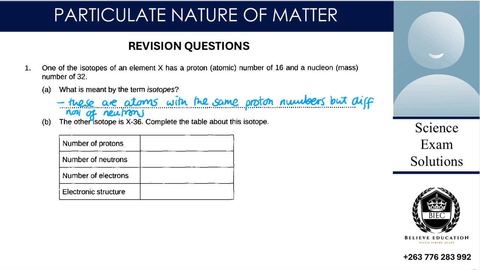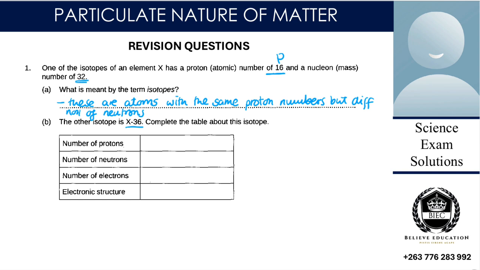And then question B, the other isotope X36, complete the table about this isotope. So first, we are told that one of the isotopes X has an atomic number of 16, which is the number of protons is 16, then a mass of 32.